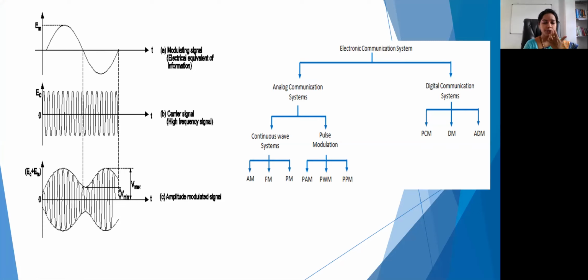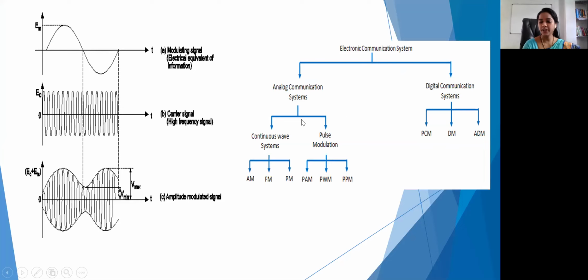Okay, so this is how the modulation technique is there. We have so many types of modulation techniques. So in a very simple classification, we are just going to see what is there. This is the electronic communication system. Here we are bifurcating it as the digital communication system and the analog communication system.